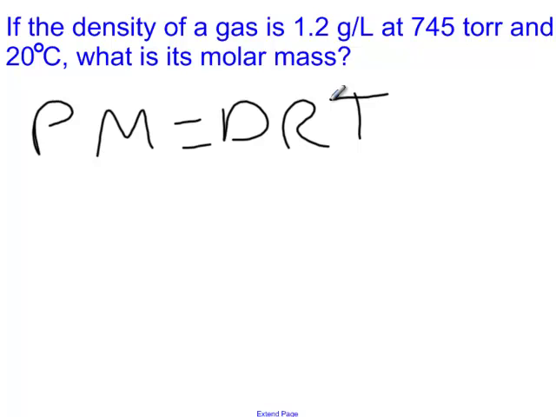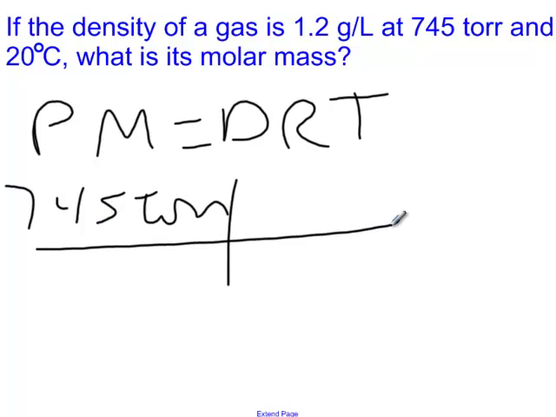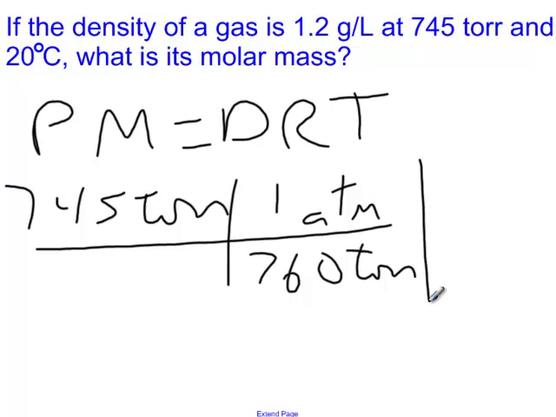But we do need to do a couple of conversions first. 745 torr has to go to atmospheres. We know there's 760 torr in 1 atmosphere. So a quick division gives us 745 divided by 760 is 0.980.